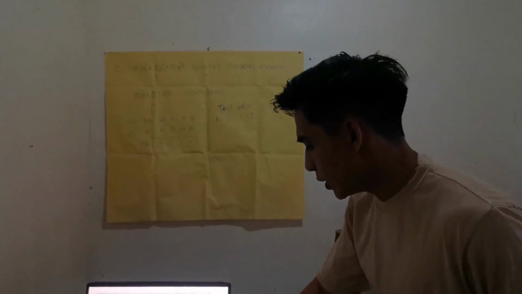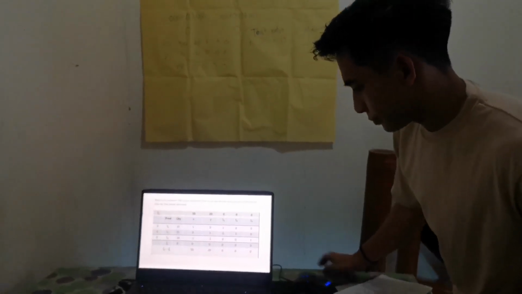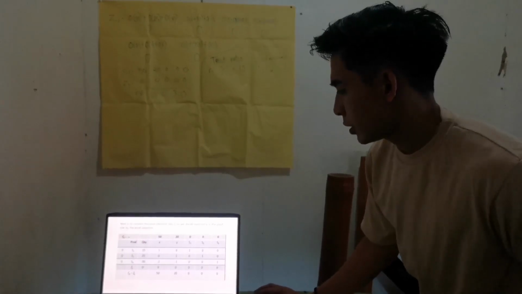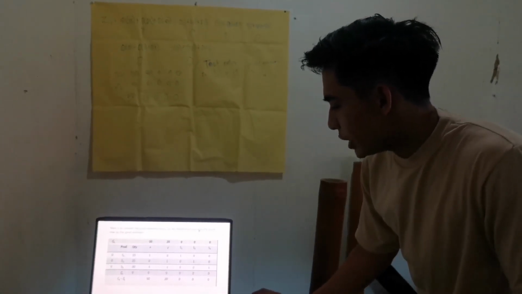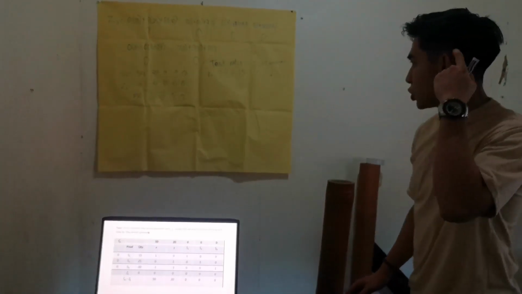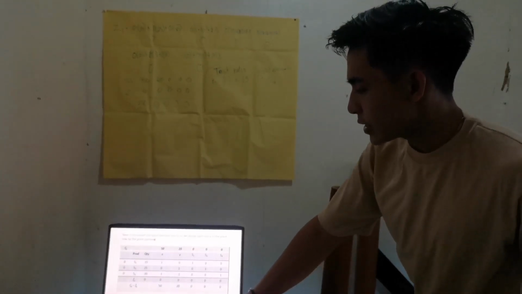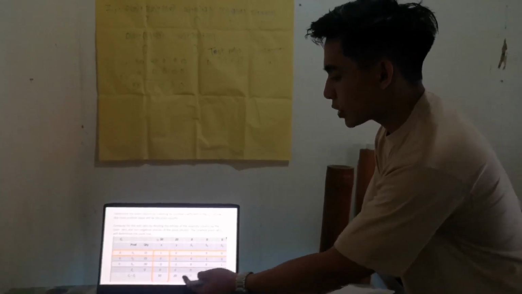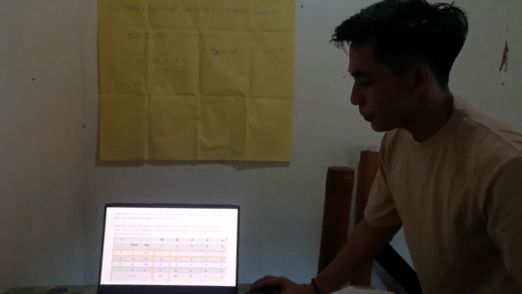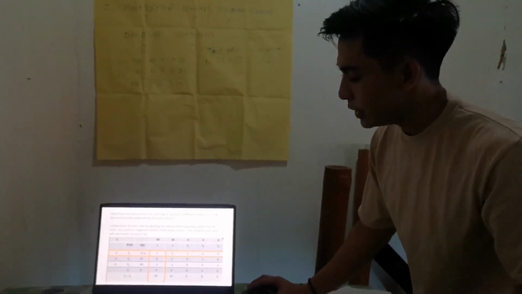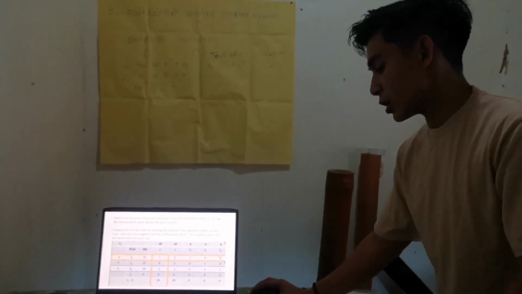So, the next step we do is convert the pivot element into 1. So we divide each entry in the pivot row by the pivot element. So yung pivot row is S sub 1, di ba? So we divide each column in the pivot row, like 15, 1, 0, 1, 0, 0.